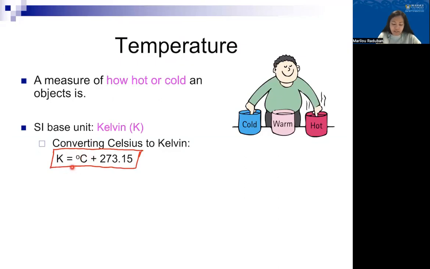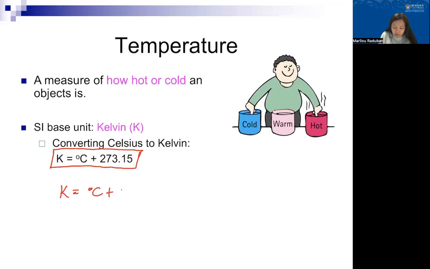So given the temperature in Celsius, we often need to convert between Celsius and Kelvin, and that's simply by adding 273.15. The 0.15 just gives extra precision and accuracy, but usually we'll just use 273 for simplicity.